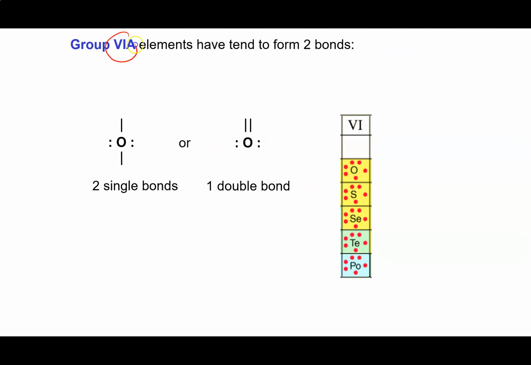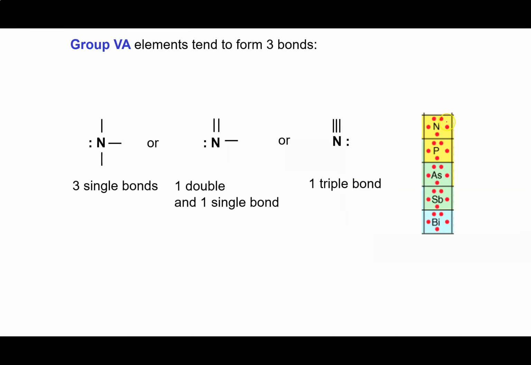Now, if we look at the group 6a elements, this is the oxygen group, sometimes referred to as the chalcogens. What we see now is that we've got a bonding capacity of 2. So there's a couple of ways that we can utilize this. We can have 2 single bonds, or for the first time, we can have just 1 double bond. Now, when we move over to elements from group 5a, we now have a bonding capacity of 3, and we have more varieties of bonding that are possible for these types of elements.